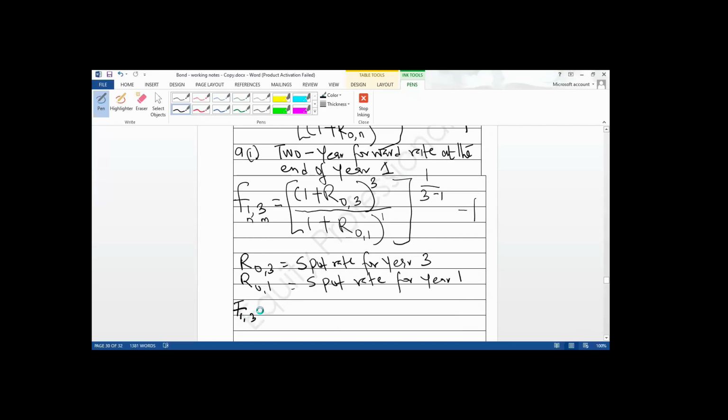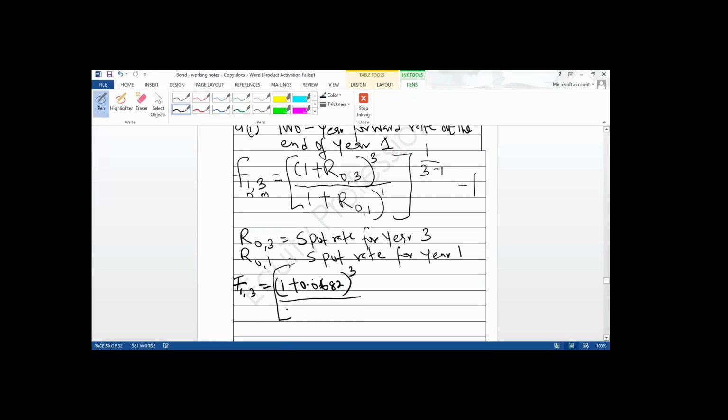F1 to 3 is equal to 1 plus spot rate in year 3, 0.0682 raised to power 3, divided by 1 plus spot rate for year 1, 0.0476 raised to power 1.